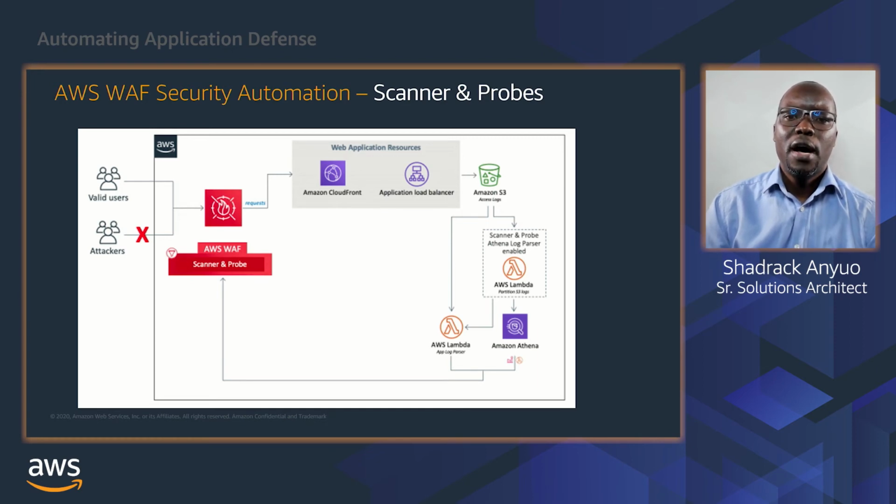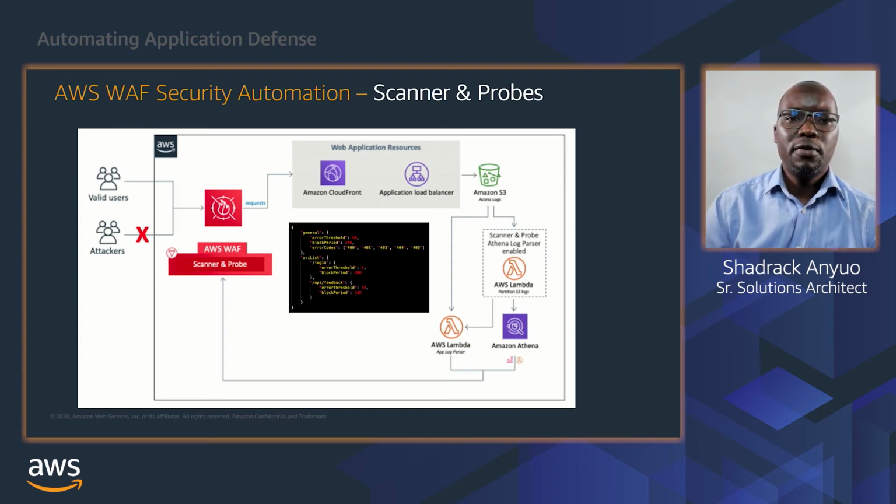Here, the Lambda function automatically parses log files that come from either the application load balancer or CloudFront, and then counts the number of bad requests from unique IP addresses and updates the WAF IP list to block further scans from those addresses with high error rates. This is an example of a threshold configuration file that you can use to define your configuration settings.